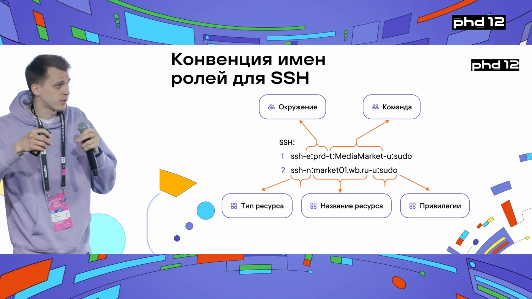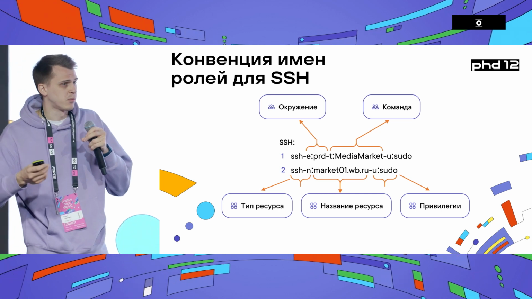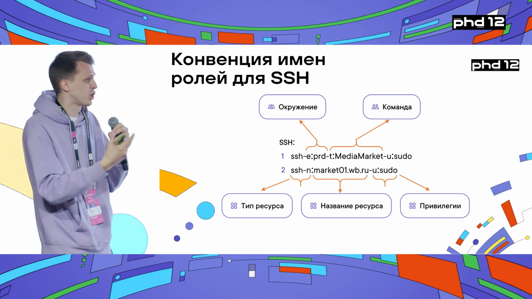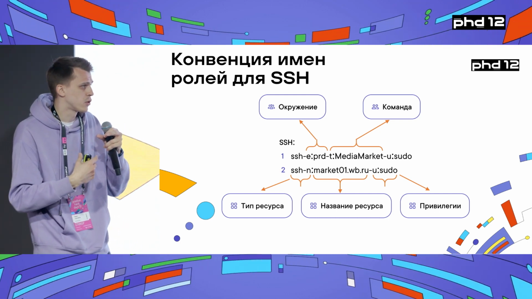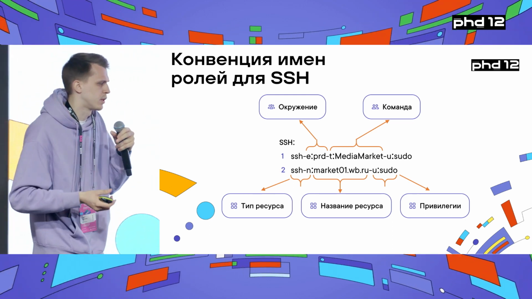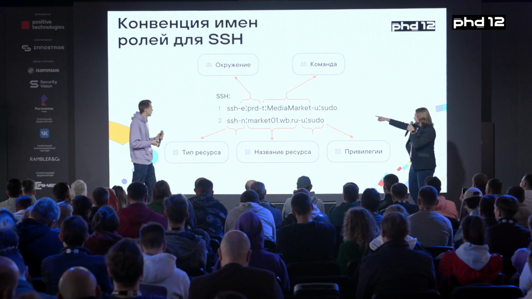So E colon is environment, T colon is team, so that we can see it with our own eyes to say that this is the production environment, the host name. So you don't need to go to the description of the role, and this makes it clear what it gives you access to.